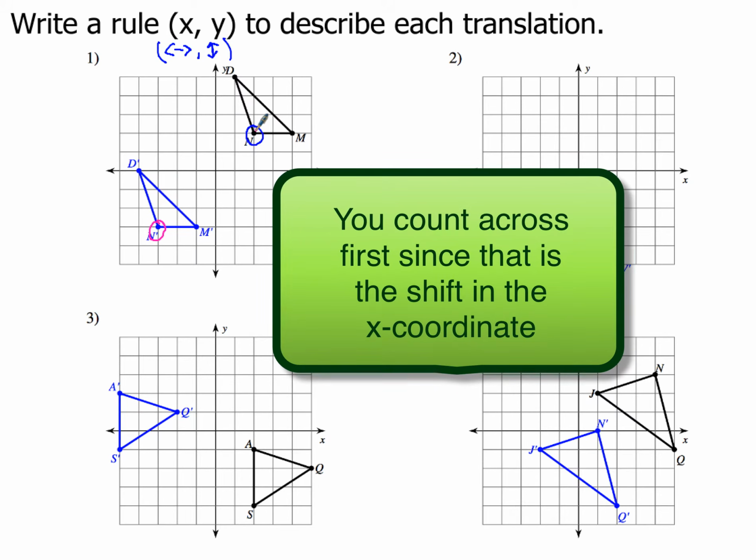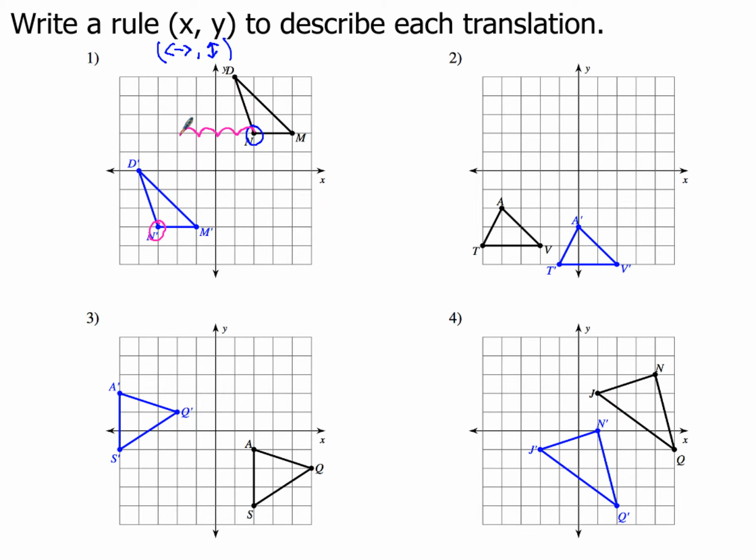Now I'm going to count across first, and I'm going to start with my original N, and I'm going to count 1, 2, 3, 4, 5. So that distance, since I moved 5 to the left, is going to be -5. Now I've got to move down to get to N prime. So again, I'm going to start from this spot right here, and I'm going to go 1, 2, 3, 4, 5.